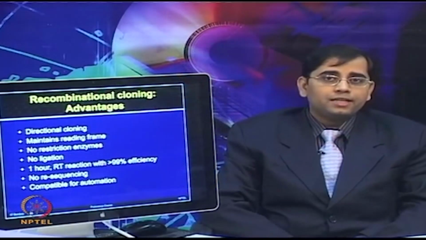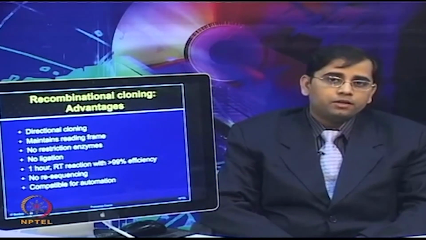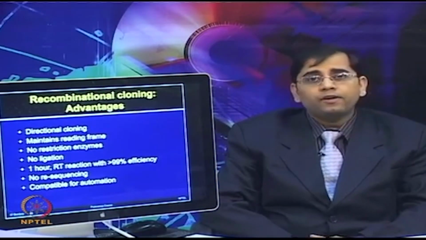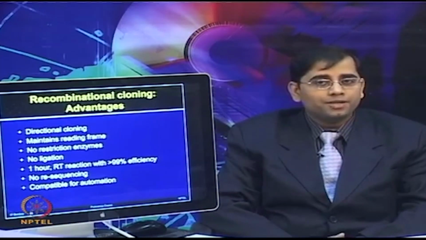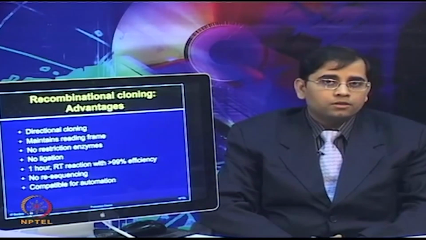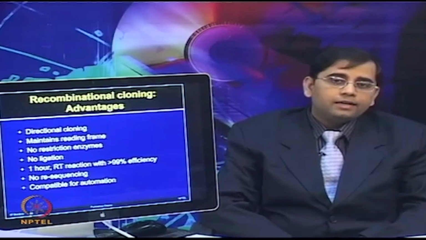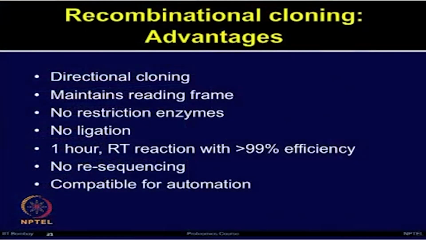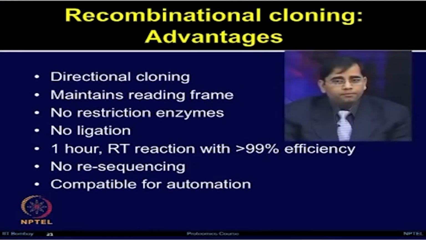Okay, after watching this animation, now let us talk about the advantages of using recombinational cloning. As you have seen, this is directional cloning. It maintains the reading frame. There is no need for adding restriction enzymes, which is the case for conventional cloning, and no need for ligation steps.